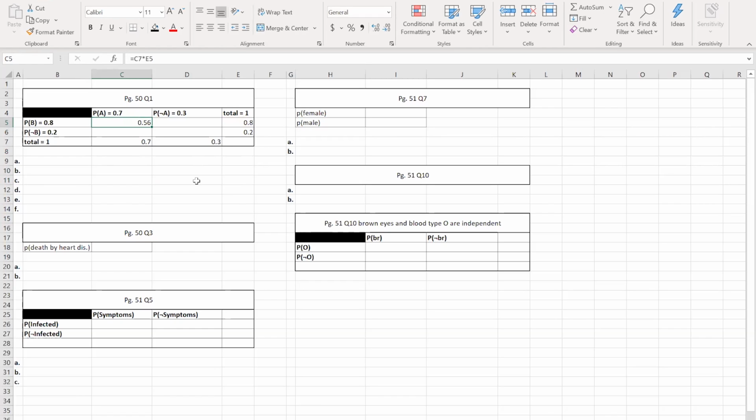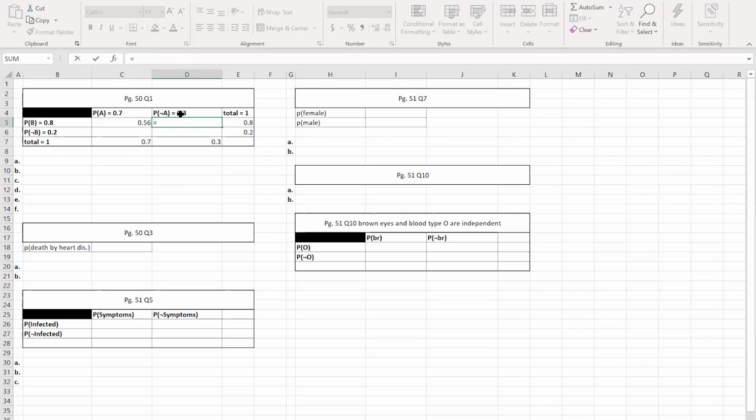So that's how this table is broken up, I guess I should say. These middle boxes represent the intersection of these happening. So A and B, not A and B, A and not B, not A and not B would be right here. And using this multiplicative rule of probability, we can just multiply these all across because we know these are independent events.